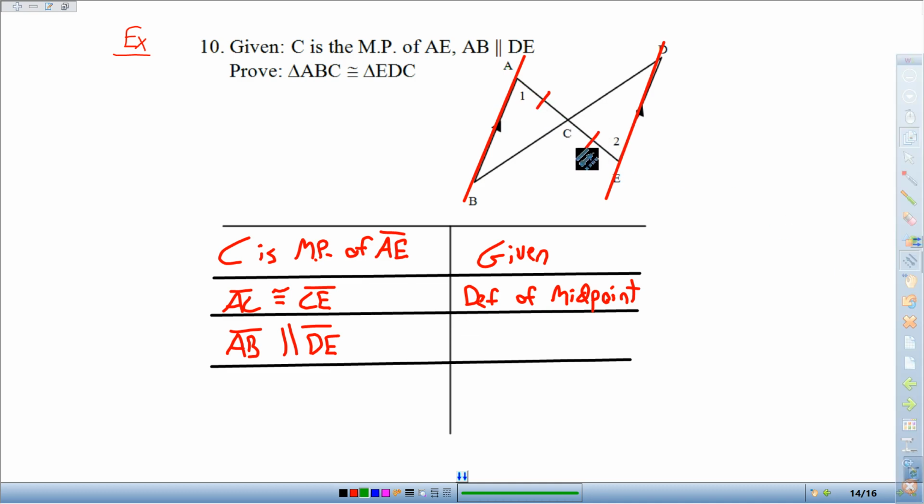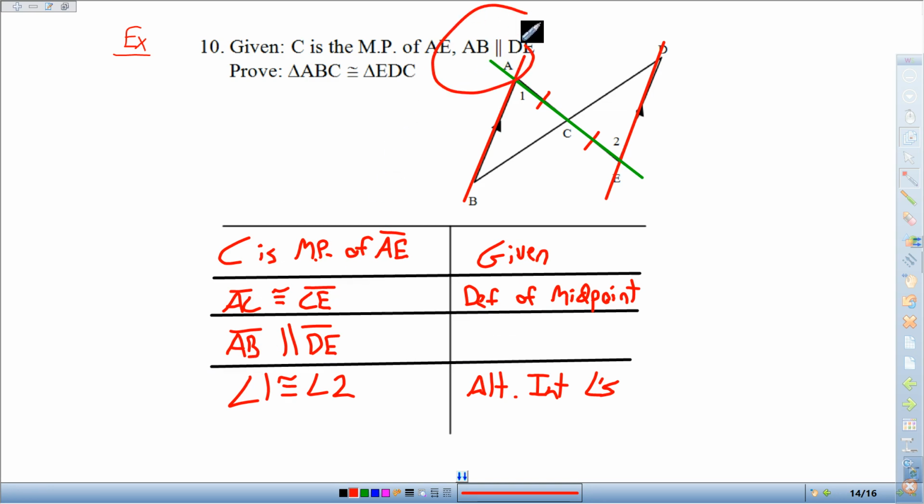If you ever see angles numbered, that's a hint that they want you to focus on those. So I'm going to focus on this transversal, because I notice that angles 1 and 2 are alternate interior angles, and that means they are congruent. So there's my next statement. Angle 1 is congruent to angle 2. Why? Because alternate interior angles. I'm noticing I forgot to put my reason here, but it's given to us. So let's just get that in there real quick.